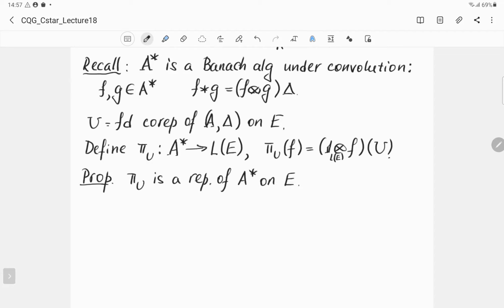That is, it's just an algebra homomorphism from A star to L of E. Okay, so to prove this result, we need a simple lemma. Lemma and an exercise at the same time.